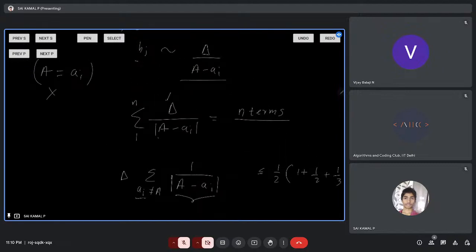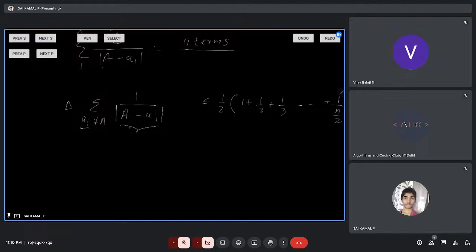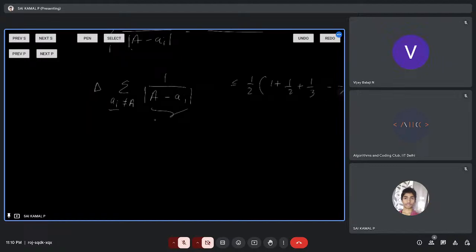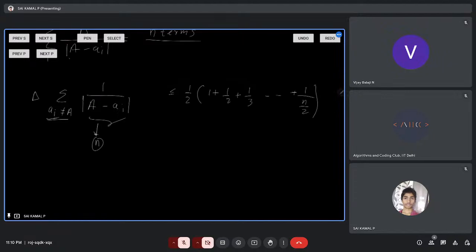So what is the number of possible unique values that this is going to hit? This sequence would hit at most n unique values, because you are going over all the unique values of ai.